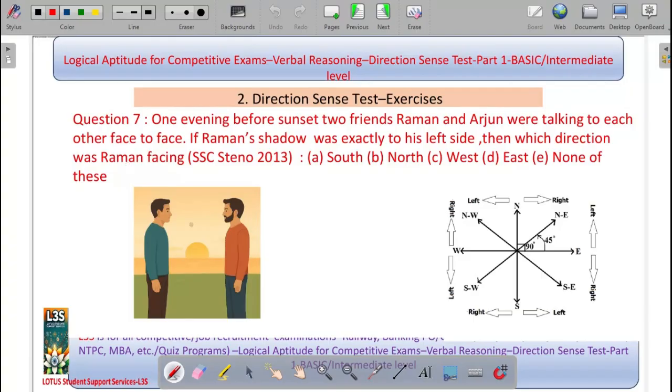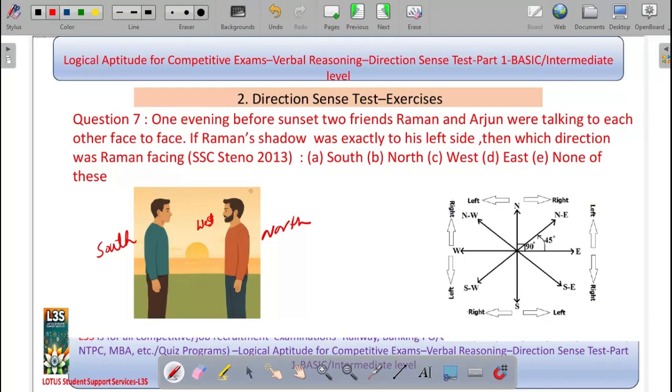So this is the sun position and this is sunset. So this position is on the west side. Now if it is west, this side will be north and this side will be south, and the opposite of west will be east side.